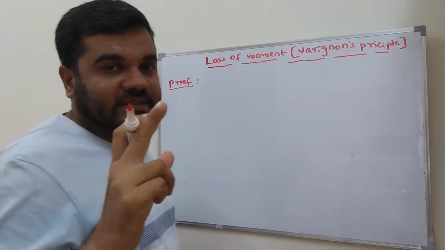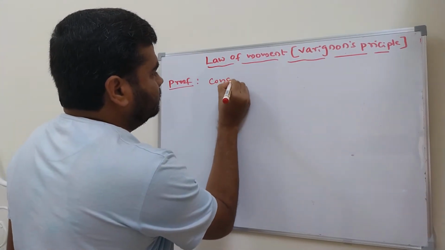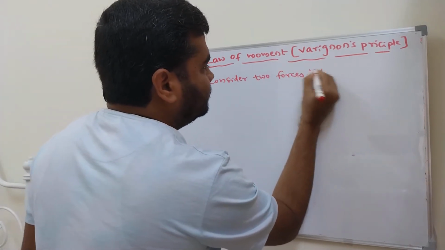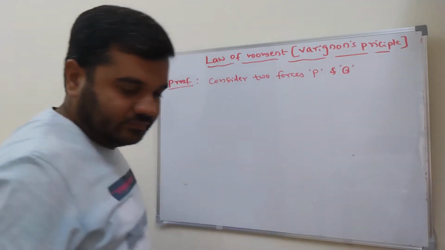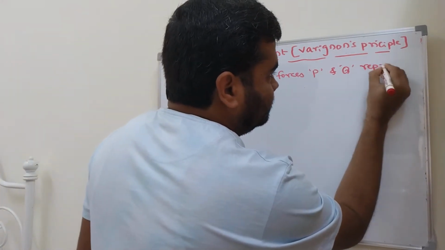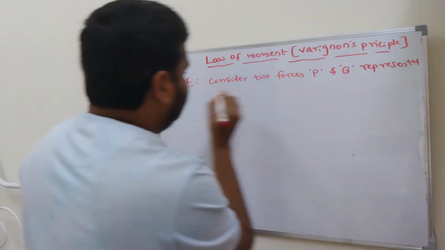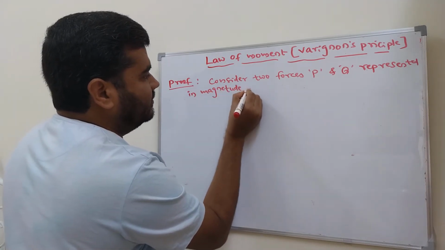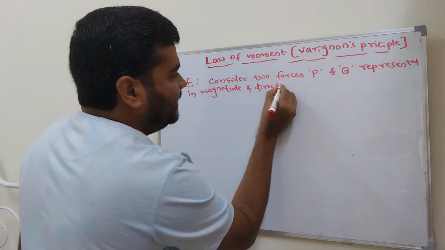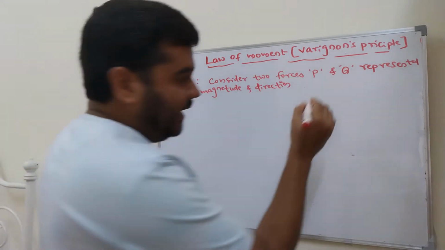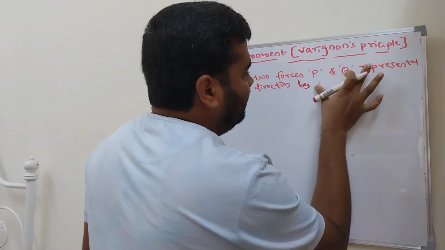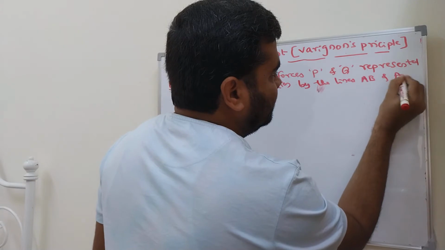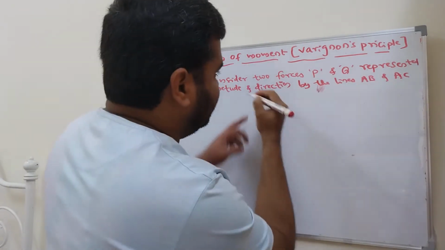For simplicity, we'll consider two forces, P and Q, represented in magnitude and direction by the lines AB and AC.